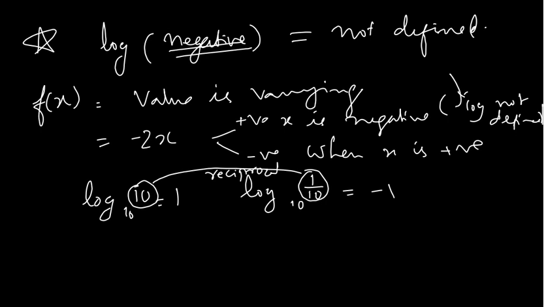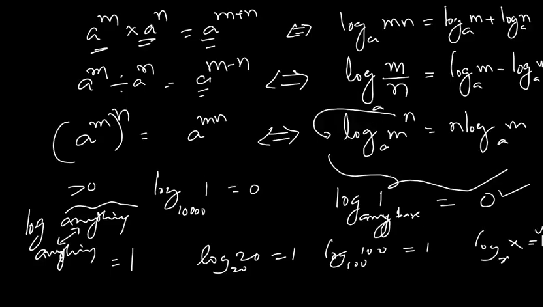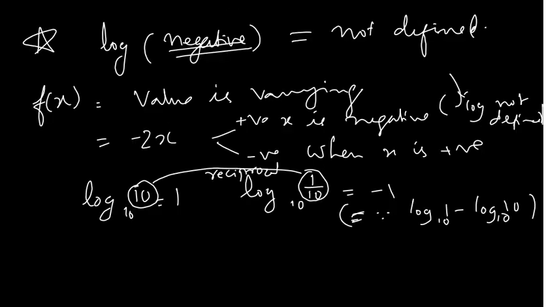How we get this is by applying the rule m by n: it is nothing but log 1 minus log 10. Log 1 is 0 and log 10 is 1, and that's why you got minus 1. Understood, right?